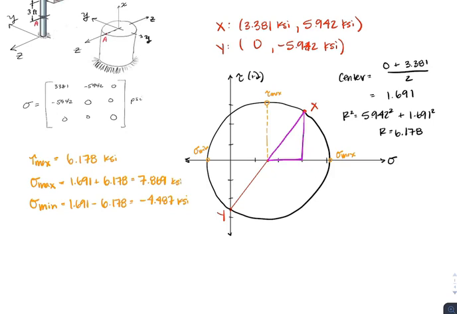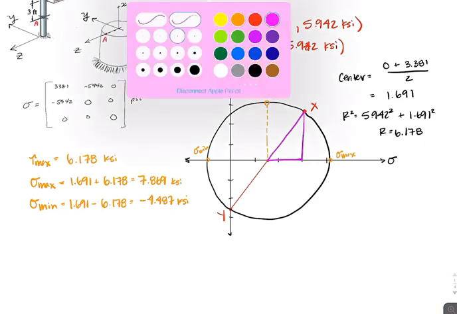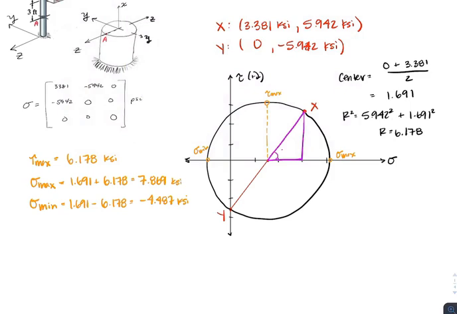Now that we have those points, the only thing left to find is the angle needed to achieve those principal stresses and max shear stress. We'll start off by finding this angle theta, which we need in order to solve for the angles at which those stresses are achieved.